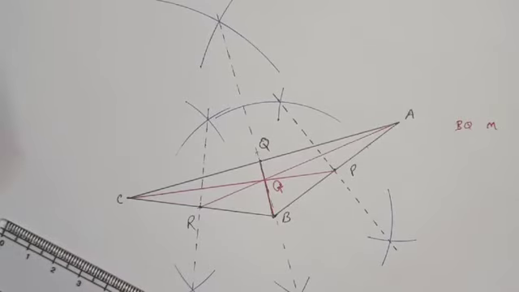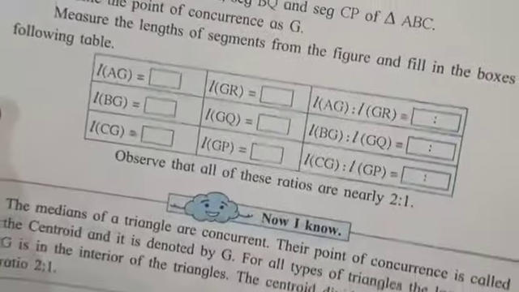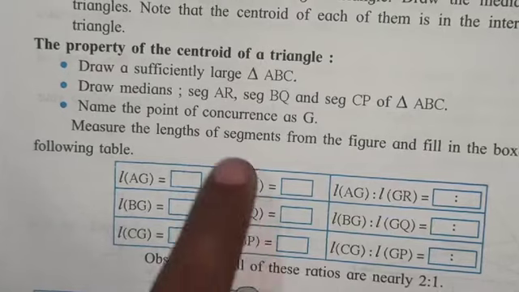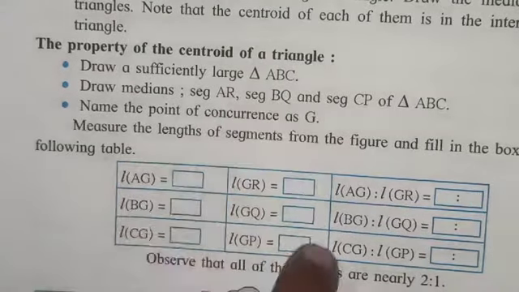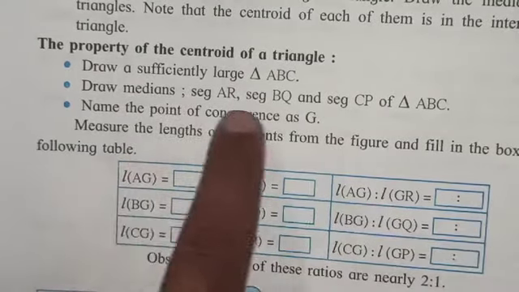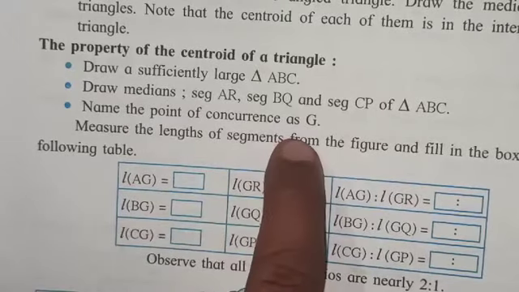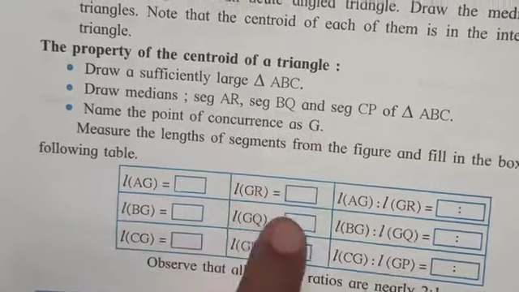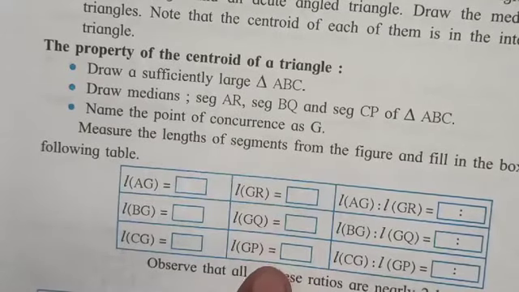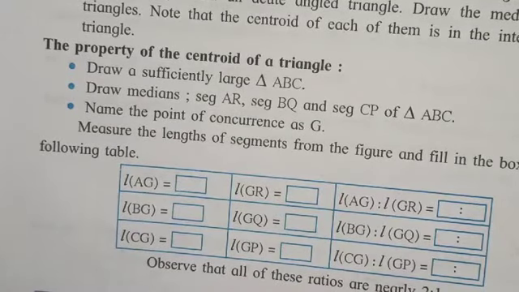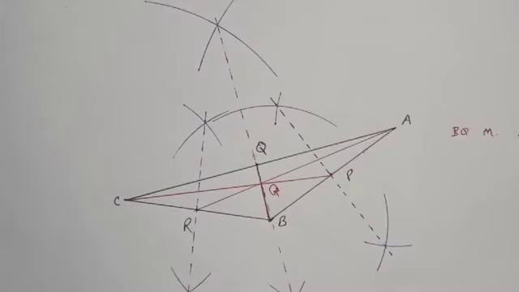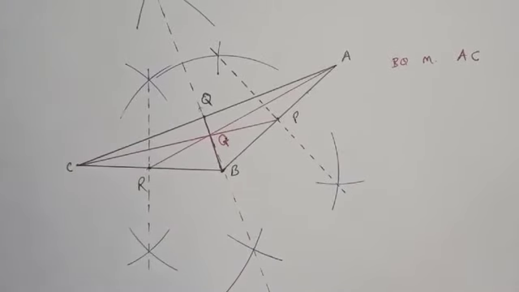After that you have been given one activity again. So you have to draw a large triangle, you have to draw medians, and the point of concurrence will be named G, and you have to measure these lengths.